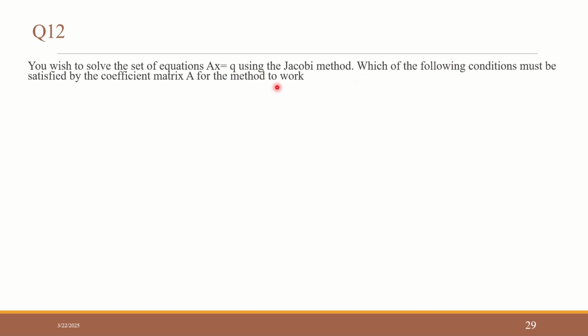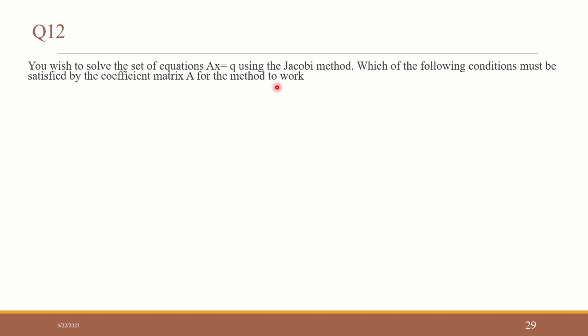Which of the following conditions must be satisfied by the coefficient matrix for the method to work? So what is being asked is that we are using the Jacobi method to solve our final form, that is Ax is equal to Q, and we are asked to find which of the following conditions must be satisfied by the coefficient matrix A for the method to work.